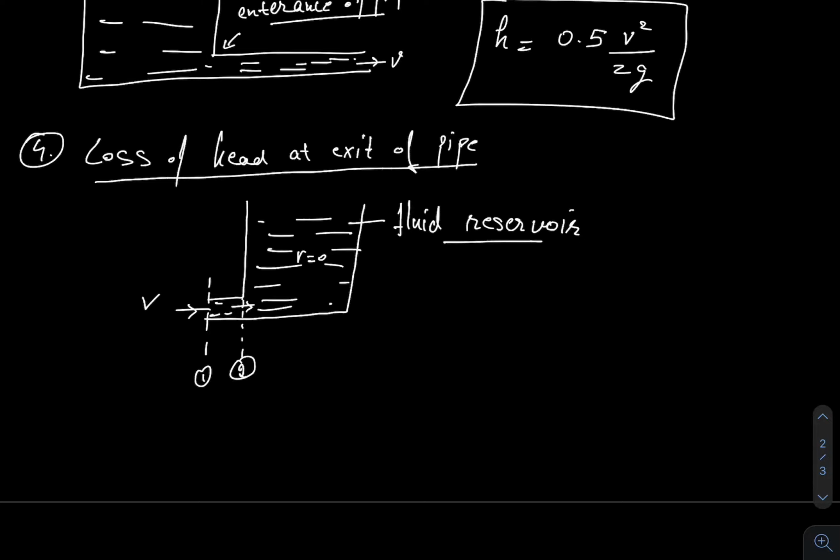That head can be calculated as H is equal to V square by 2g. Here V is the velocity at the entrance of the pipe. At the exit of the pipe we are assuming the velocity is 0 because it's a reservoir. So the head loss at the exit of the pipe is equal to V square by 2g.